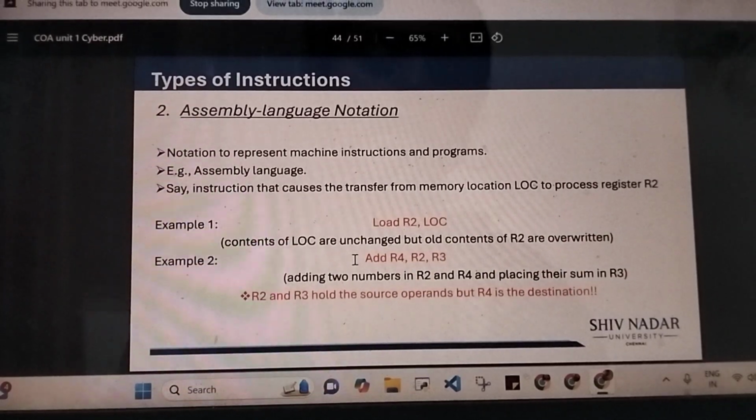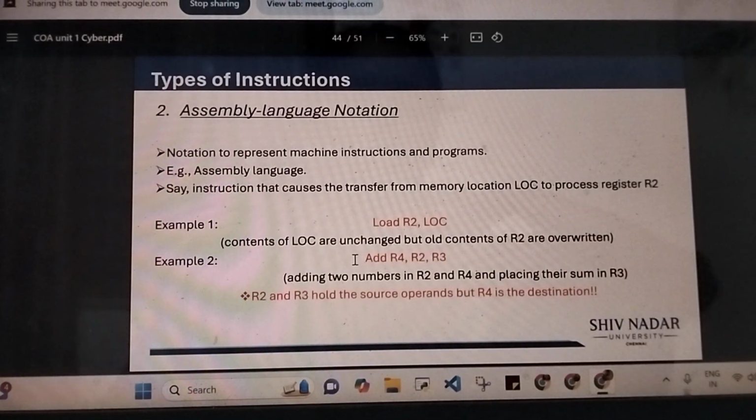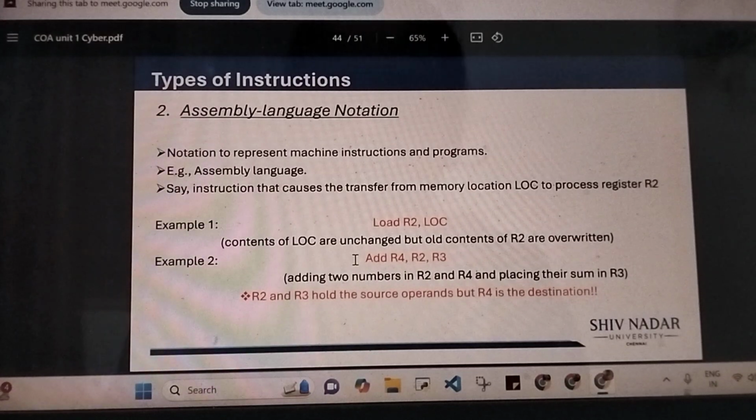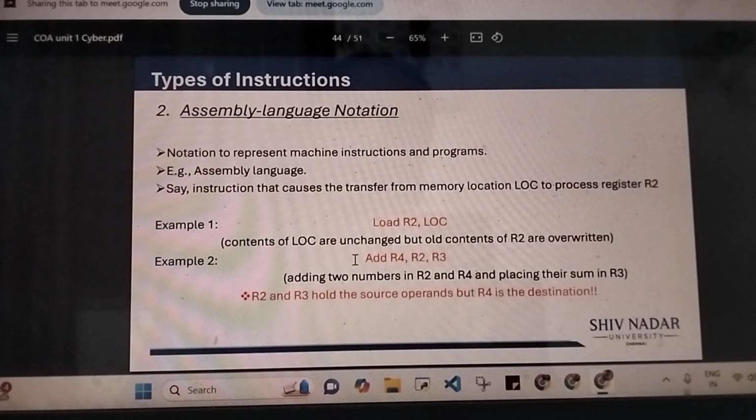Second one is assembly language notation. All these types which you're going to be looking at, you saw register transfer, now you're looking at assembly language notation. Next we'll be looking at something called RISC and CISC. The idea of all these different frameworks is the same.